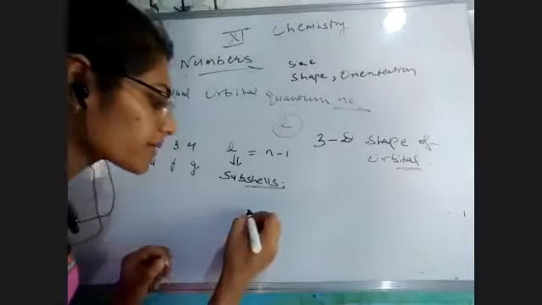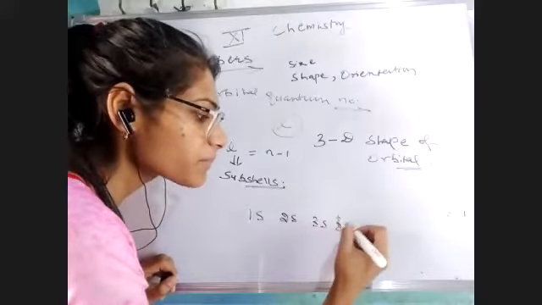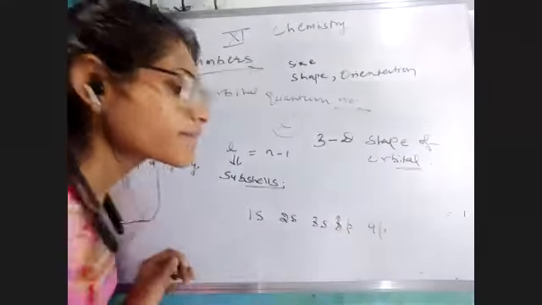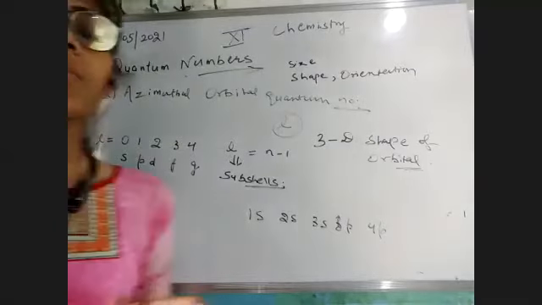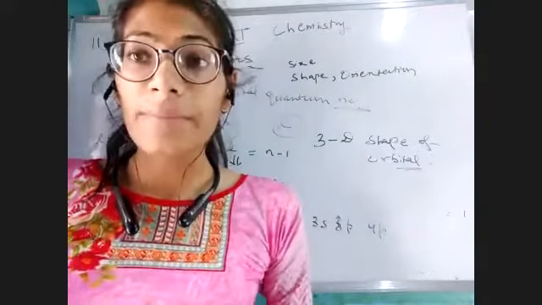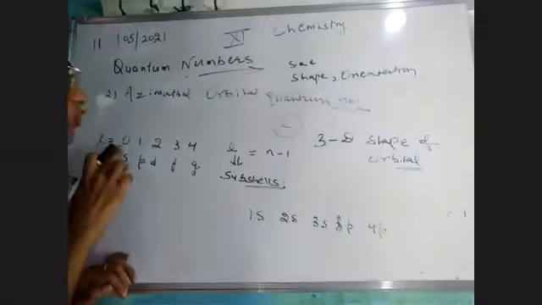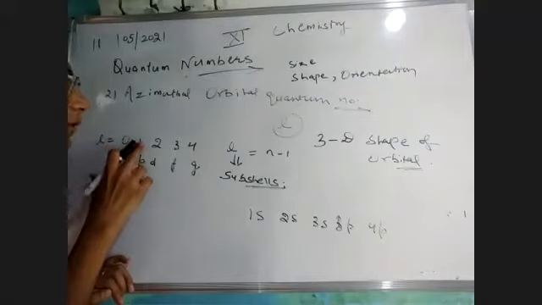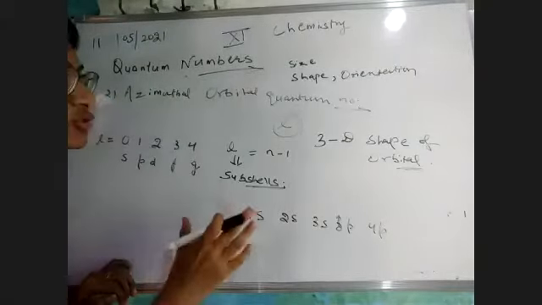I hope you have heard about 1s, 2s, 3s, 3p, 4s. So these s, p, d, f, and g represent subshells. And we have to remember 110% that 0 represents s, 1 represents p, 2 represents d, 3 represents f, and so on.